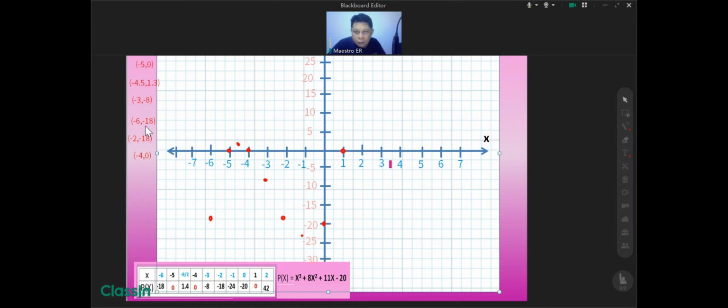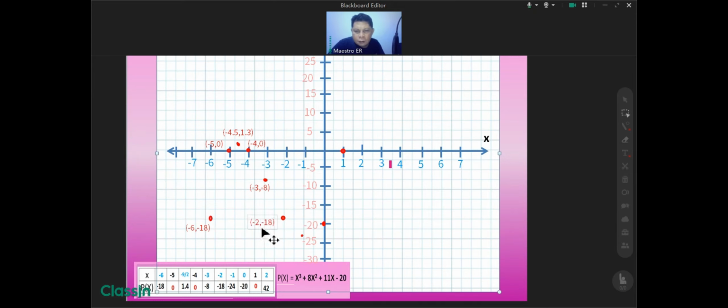Then after that, assign the set of ordered pairs of the given. So this is now your negative 6, negative 18. This is your negative 5 and 0. This is negative 4.5 and 1.3 or 1.4. And this is your negative 4 and 0. This one is negative 3 and negative 8.